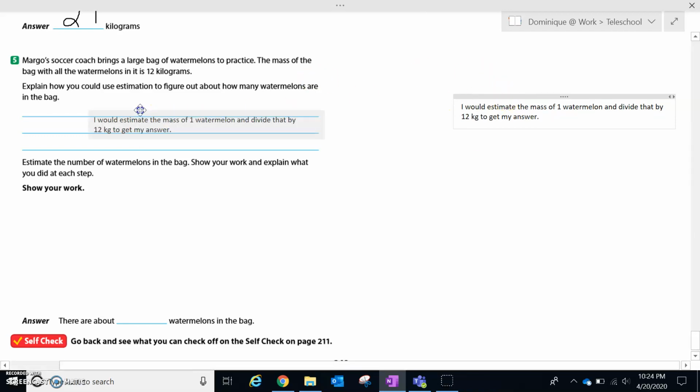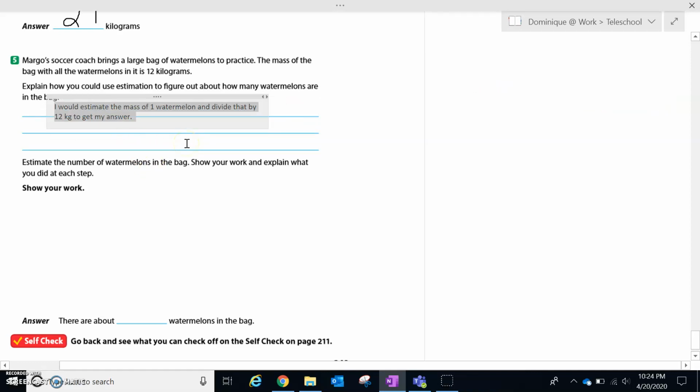Okay, so that goes here. The 12 kilograms is how much it all weighs together. So let's say a watermelon probably weighs about 2 to 3 kilograms.